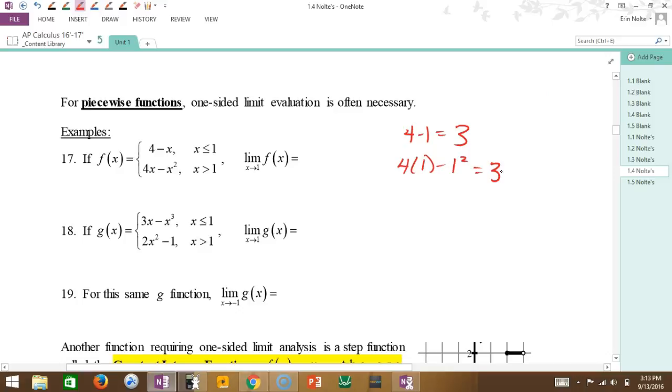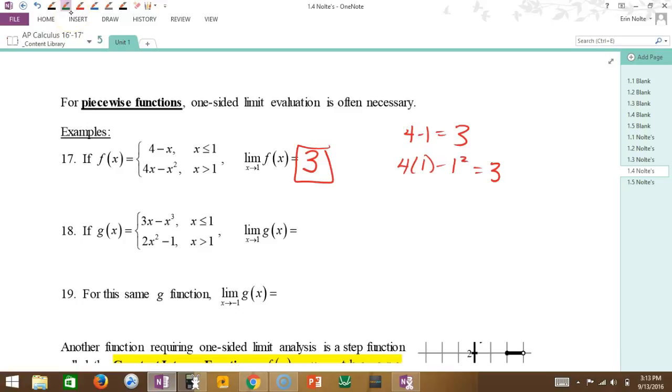So that means coming from the left, see how I'm saying the left? Because those are the values less than 1. It's approaching 3, and coming from the right, it's also approaching 3, so therefore the limit value is 3. Okay. Yeah, the answer calculates.